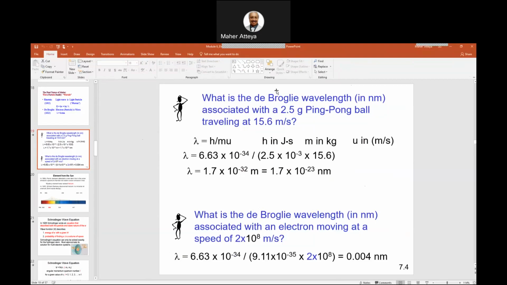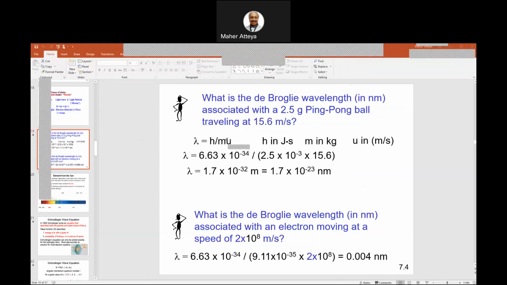So the wavelength here is given to you. Now what are we doing? We are using u in meters per second. This is the speed here. And we have m, mass, and then u is the speed. So we have two. De Broglie introduced, correct? So look at this, guys.